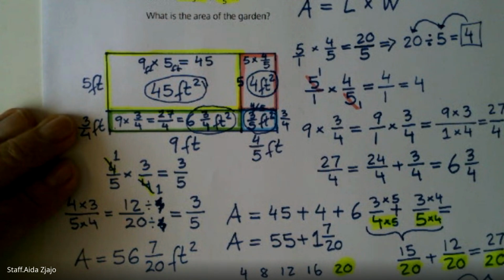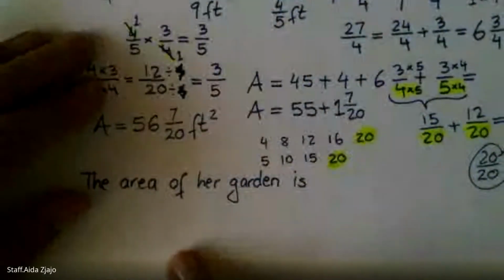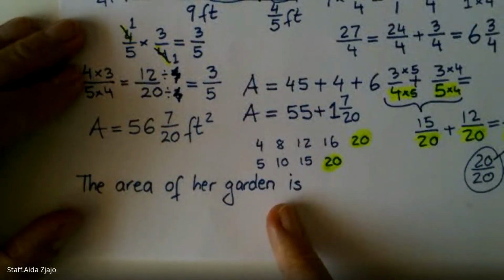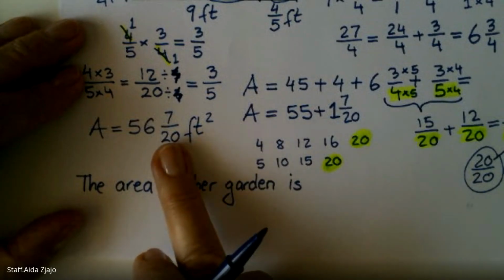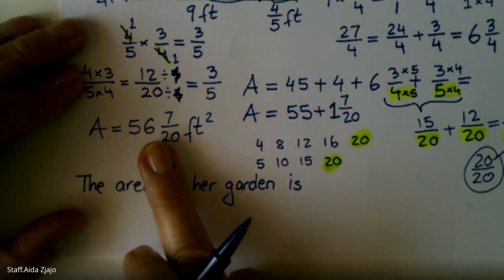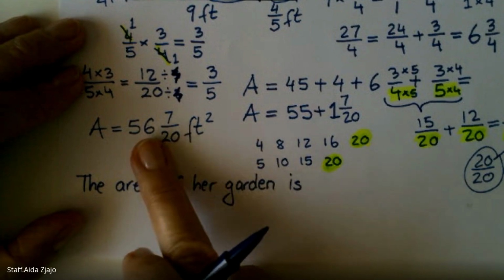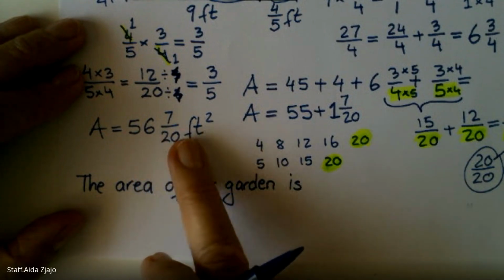Garden is about, if you needed to estimate to the closest square foot, you can say that it's about 56 square feet or about 57 square feet.